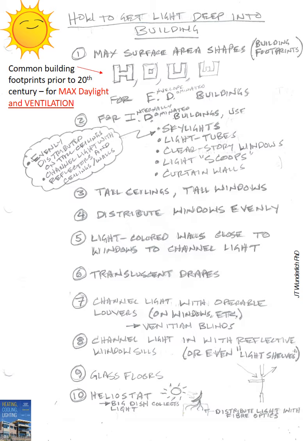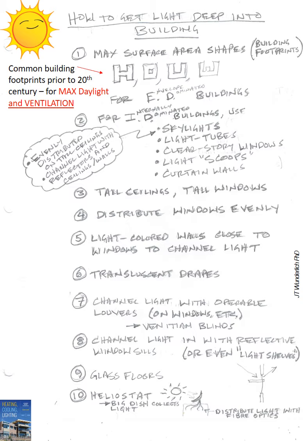And then we have the envelope-dominated building designation for that kind of thing, as opposed to internally dominated, so we'll abbreviate this from now on. The textbook does that, and you'll see it in other places, the ED and ID. Internally dominated, you need to get lights in other ways. Clerestory, skylights, curtain walls, and light scoops.